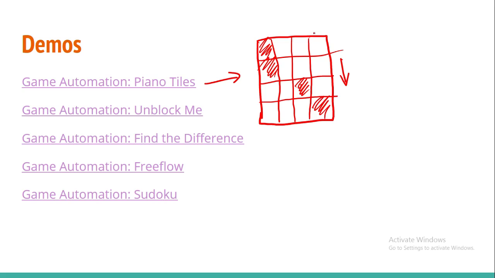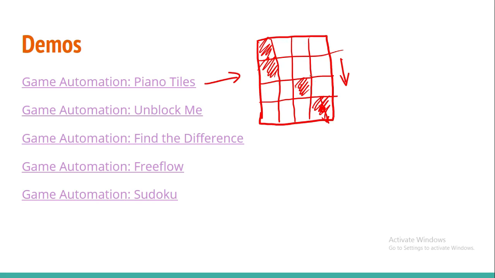I think a demonstration would have been better, but I'll try to explain as much as I can here. The tiles keep going down, and you have to click before they go. Everything keeps sliding down, and you have to press the colored tile as fast as possible. The speed at which the tiles go down keeps increasing, and you have to do it as fast as possible to stay alive in the game, or you're dead.